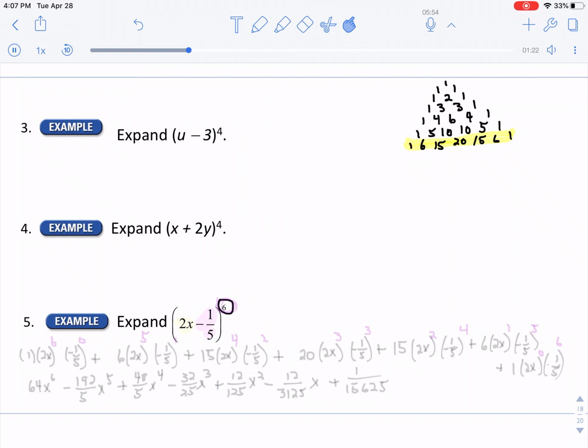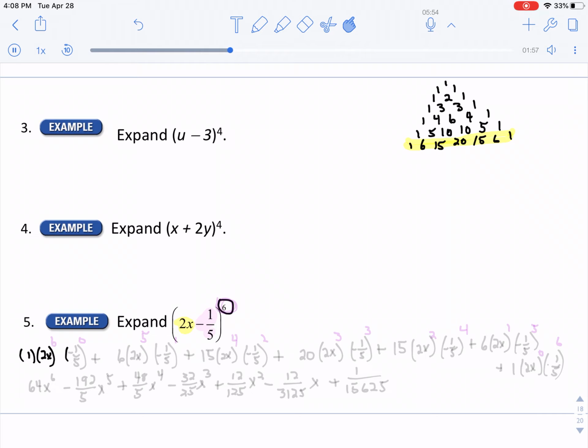All right, we are expanding (2x − 1/5) to the 6th power. So we start with the first number on Pascal's triangle, which is a 1. We have a 1 times the first term of the binomial, which is the 2x, times the second term of the binomial, which is negative 1/5.